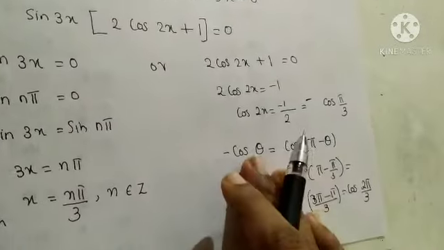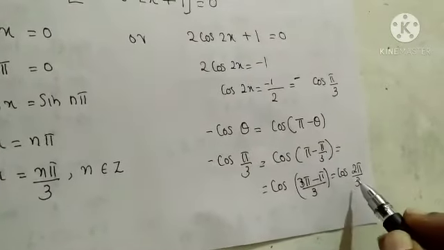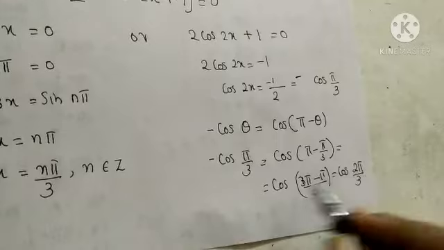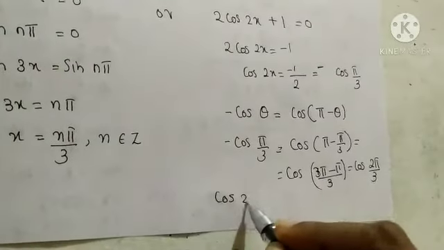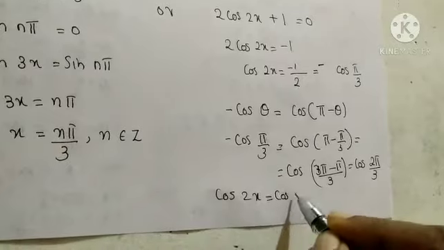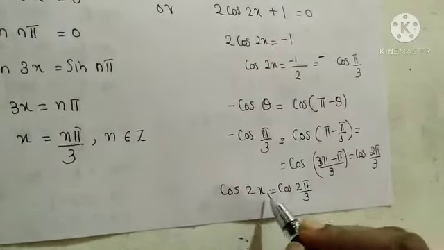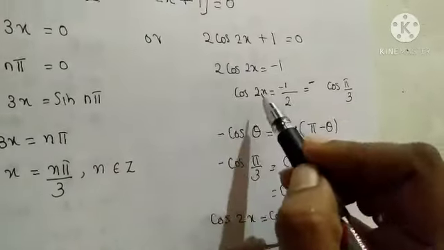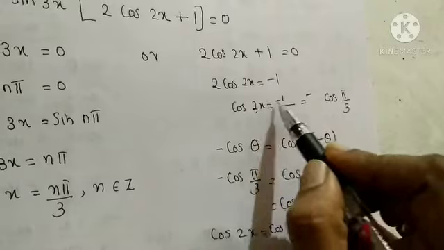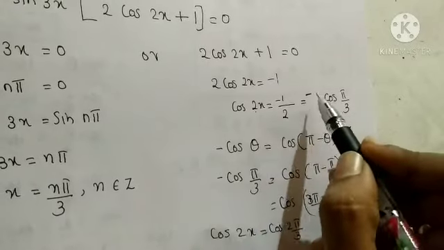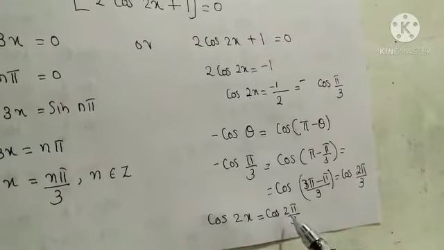So in the next step we get cos 2x is equal to cos 2 pi by 3. Here cos 2x equals minus 1 by 2, which can be written as minus cos pi by 3, or equal to cos 2 pi by 3.